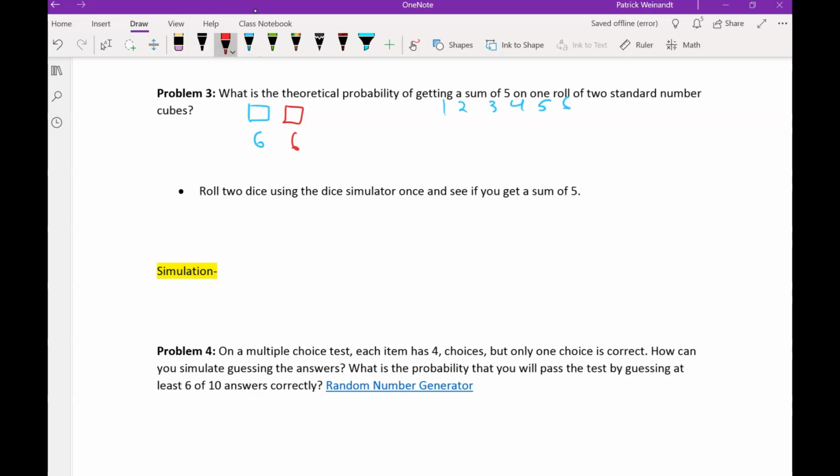For this red die, I can also get a 1, 2, 3, 4, 5, or a 6. I'm going to write smaller to give myself some room. So the total number of outcomes, you might be seeing it more clearly now.